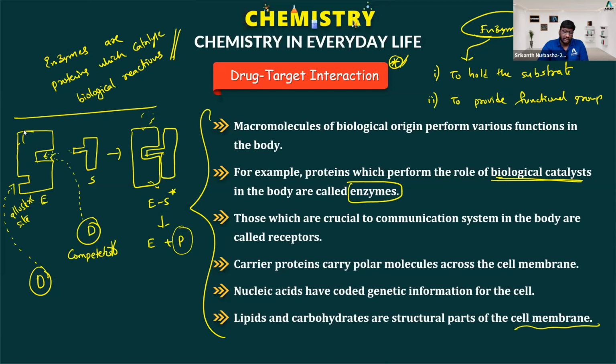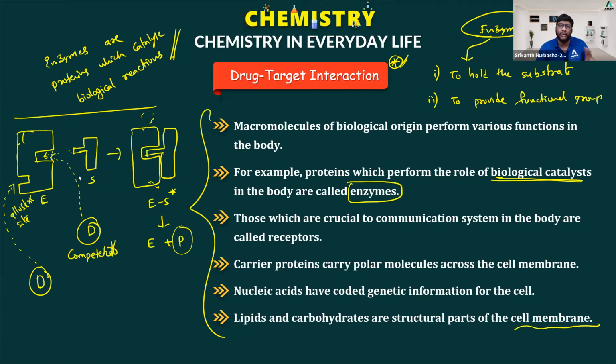Second thing is the drug is actually binding at a different site, not at the same site where the substrate is binding. But because of this drug binding at a different site, the structure of the active site has been changed. Since the structure of the active site has been changed, lesser substrate will now go and bind or not? Obviously, there is less product formation.